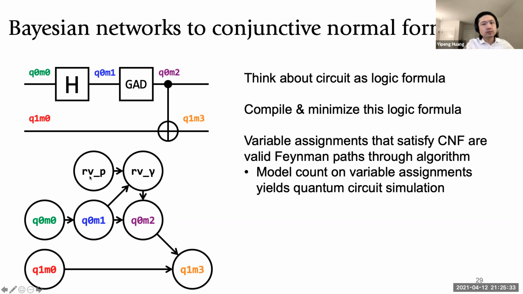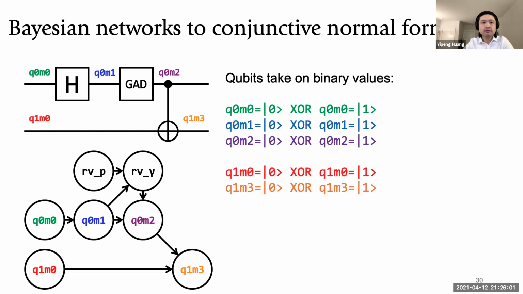And in logic formulas, we know about these techniques called weighted model counting, so that once we have this formula, we can just count all the models that agree with the formula, multiply and add all the weights associated with the valid assignments, and from that get the correct semantics that allows us to simulate the output of the quantum circuits.